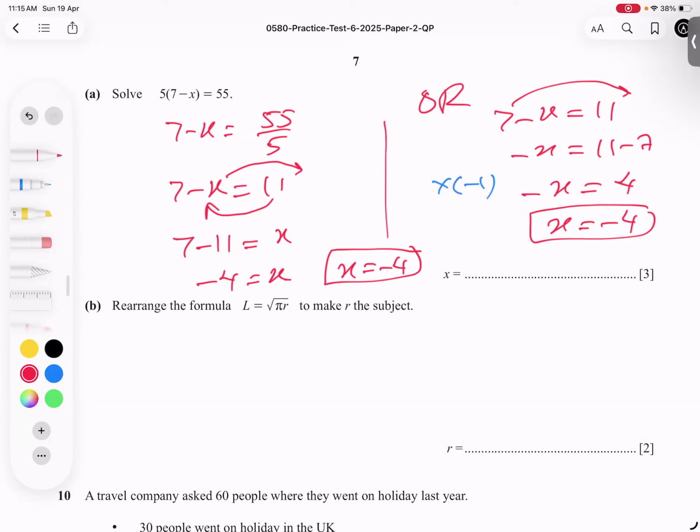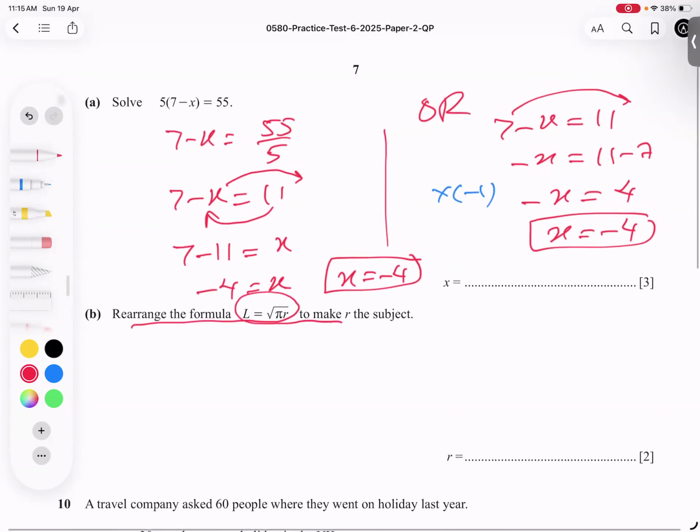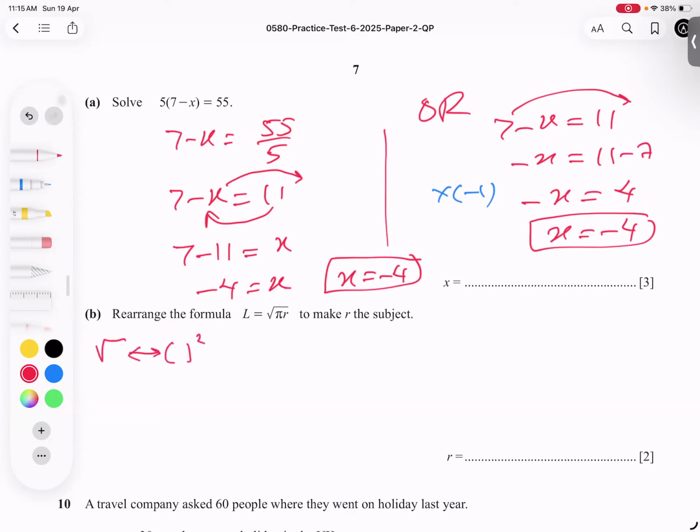I think both points are very clear. Now, what about this rearrangement, this formula with r as the subject? The problem is the root is disturbing. The opposite of a root is squaring both sides. So I will write squaring both sides. It's not compulsory to write square left side and square right side. Here L, here root of pi r. L squared will stay as it is, but here the power 2 and the root will cancel out.